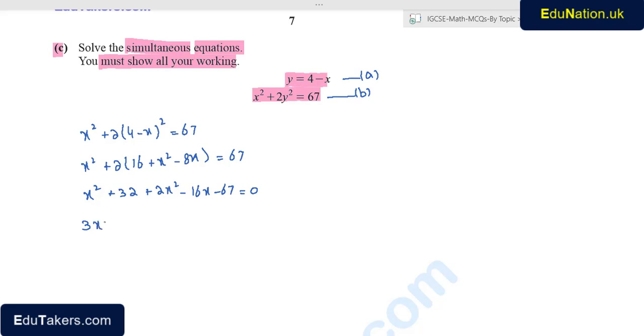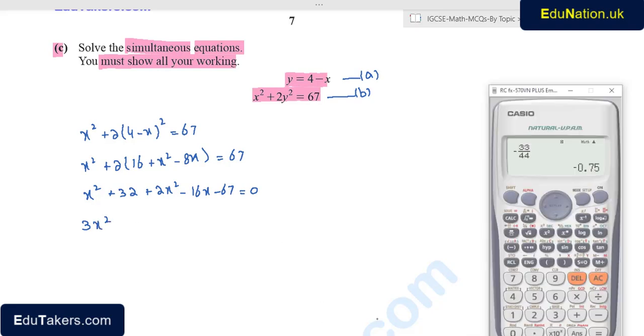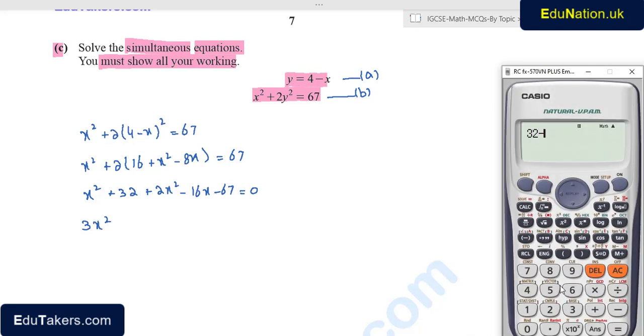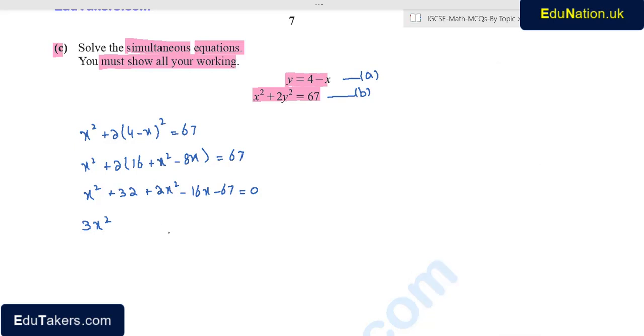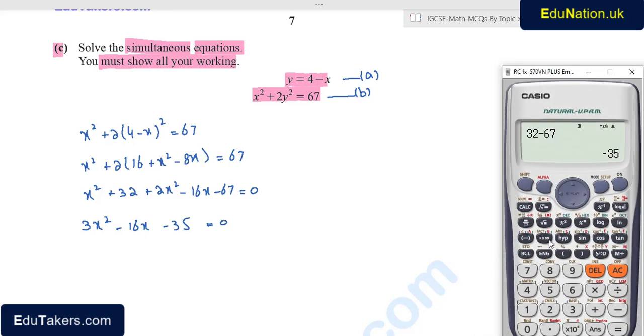Now this will be 3x square and 32 minus 67 is minus 35 and minus 16x is equal to 0. Now this 35 times 3 is 105.